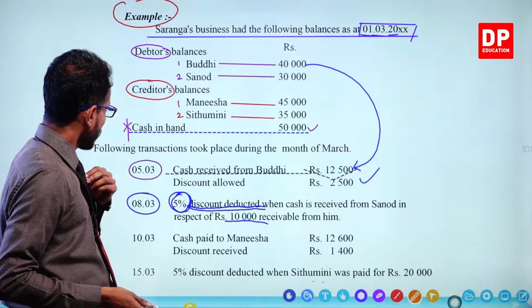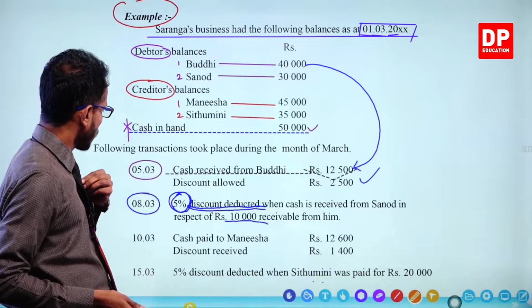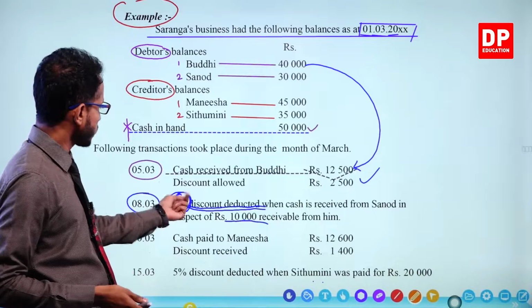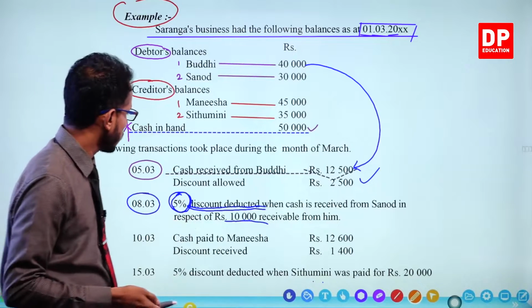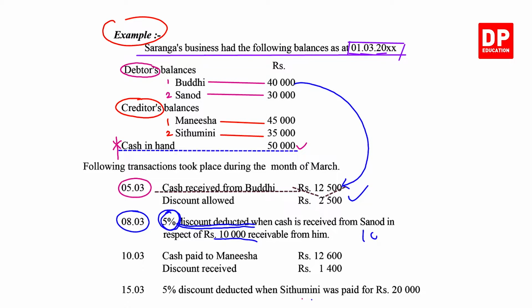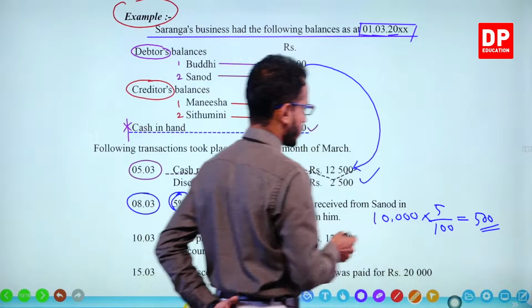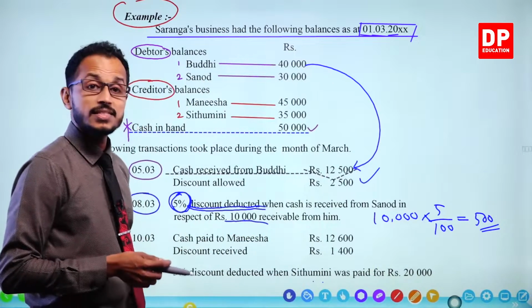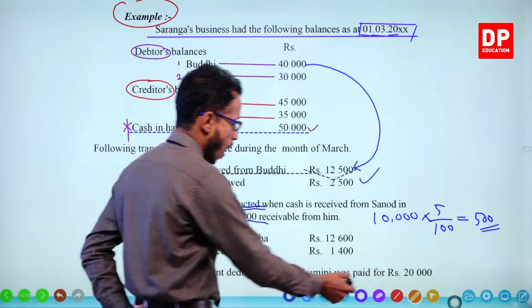For that 10,000, we have deducted a discount of 5%. Let's do the math. 10,000 into 5%. 500, right? Yeah, 500. That is a discount which should be deducted.